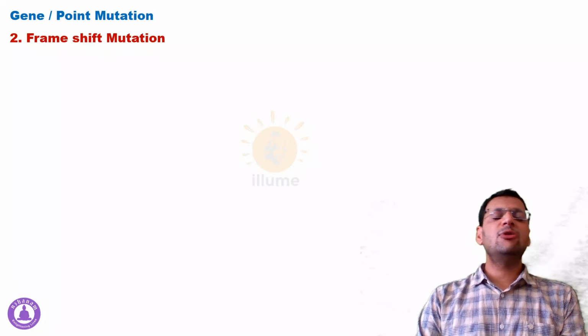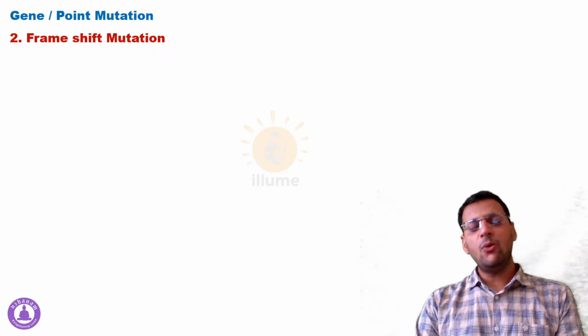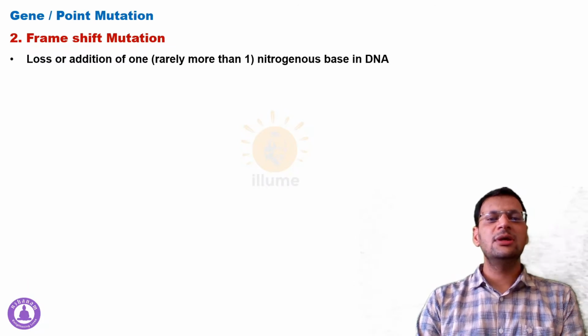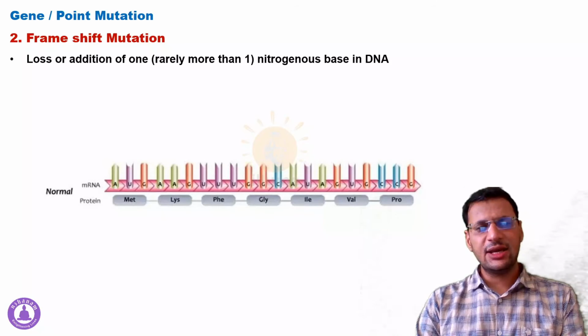Now let's discuss the frame shift mutation. Why is this called a frame shift mutation? I'll come to this term also. First of all, let's see what a frame shift mutation is. In a frame shift mutation, there is either an addition or a loss of a nitrogenous base in the DNA. Let's take an example.